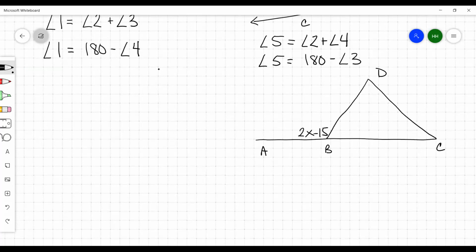Inside the triangle, angle D is x degrees, and angle C is 50 degrees. So we're just going to use the rule, guys. We just said that an exterior angle, 2x minus 15, is equal to the sum of its remote interior angles. So 2x minus 15 is going to be equal to x plus 50.